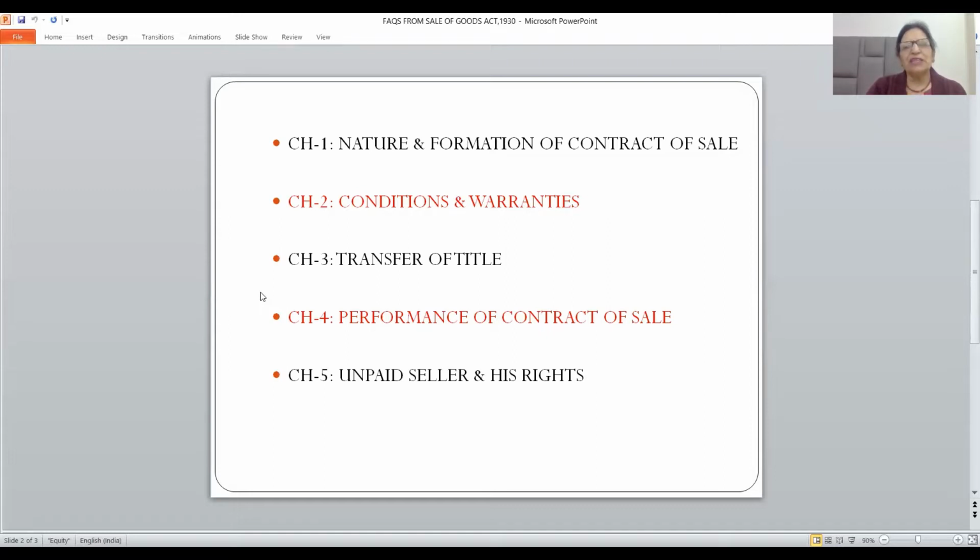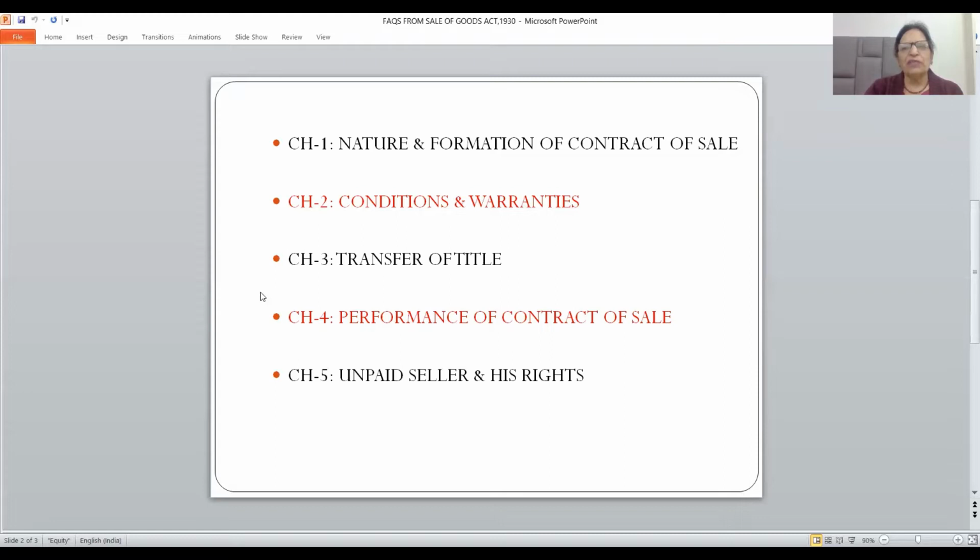The questions which have been asked from this chapter in the examinations are, friends: distinguish between sale and agreement to sell. There are 8 to 9 points of distinction. Already, friends, in my videos, I have told you distinctions should be written in the T form, tabular form. So 4 columns: serial number, basis, first term, and then the second term.